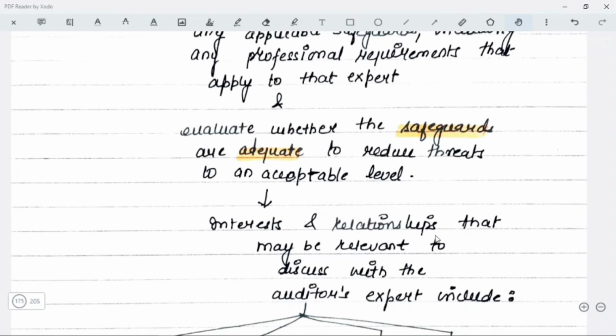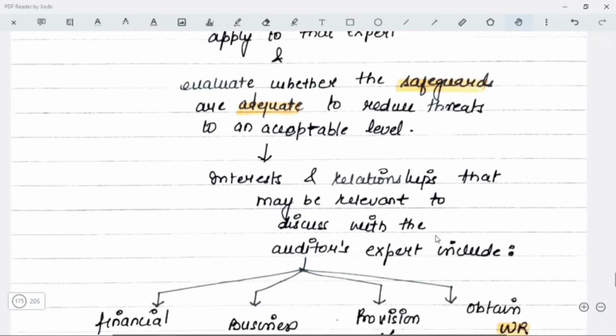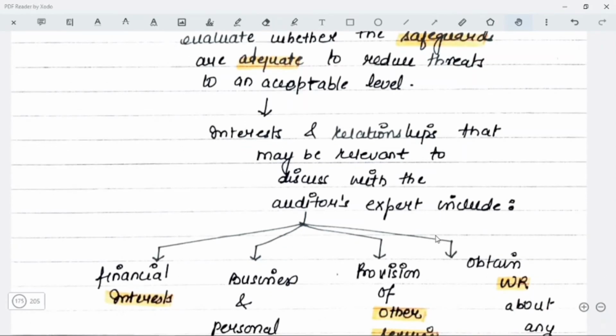Interests and relationships that may be relevant to discuss with the auditor's expert include financial interests, business and personal relationships, provision of other services by the expert, including by the organization in case of an external expert that is an organization, and obtain written representations about any interests or relationships with the entity of which the expert is aware.